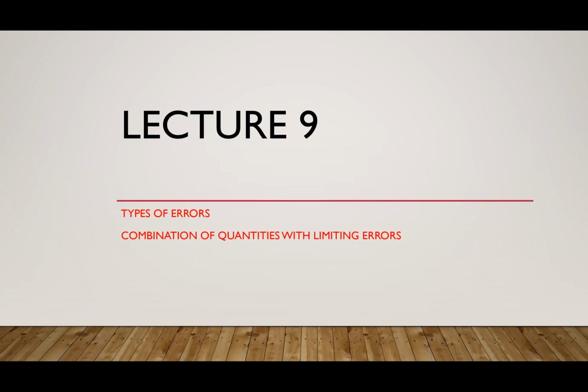So that is combination. Your base quantities have some error, so on the basis of that, how will you find out how much error your final quantity is having? That is basically how the error is propagating into the quantity, which is further made up of certain quantities. Okay, so these are a couple of things that we are going to talk about. It's a very easy session today.